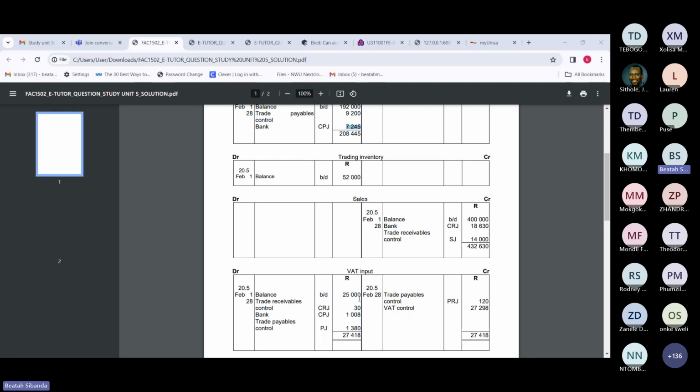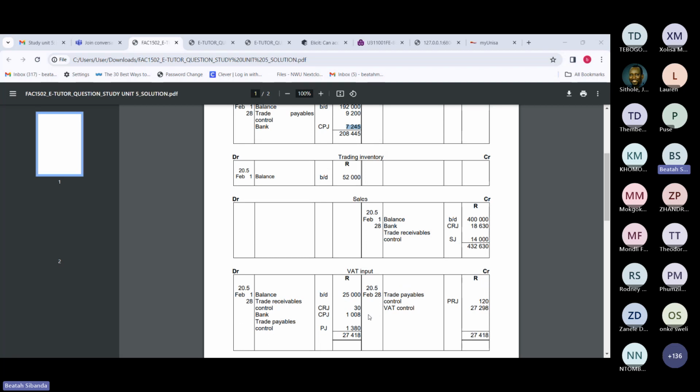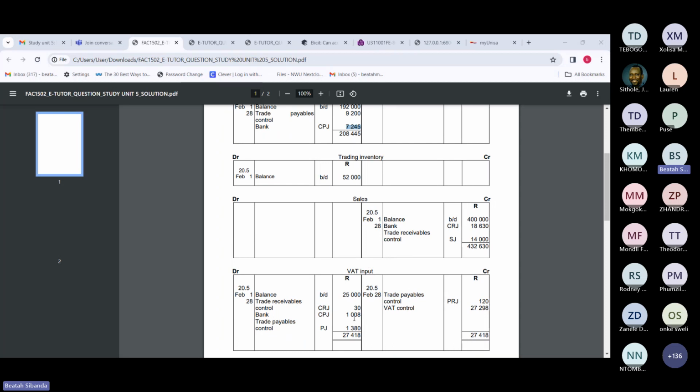Now we need to balance. So at the end of the day, this 7,245 and this 1,008 is the total that we incurred in terms of purchases. But the only difference is that the 1,008, we can claim back from SARS. So we are only going to record this as purchases and take this to our VAT input account.